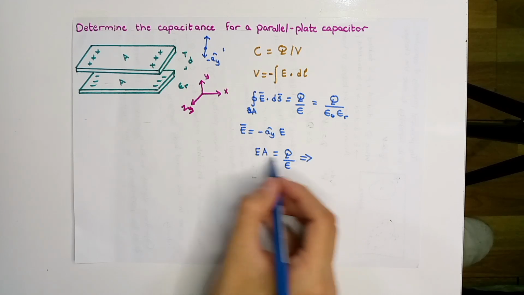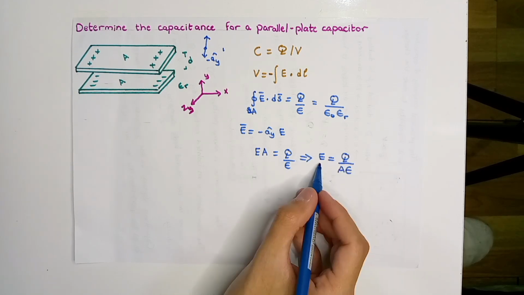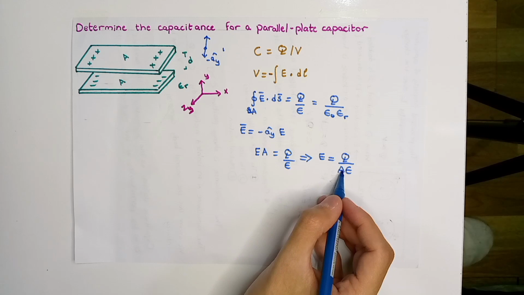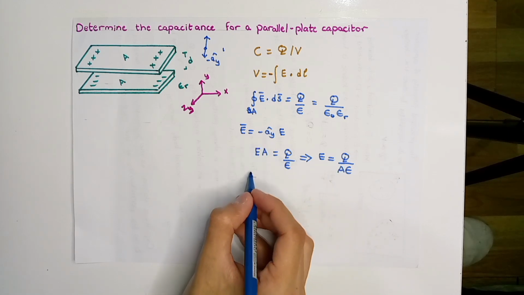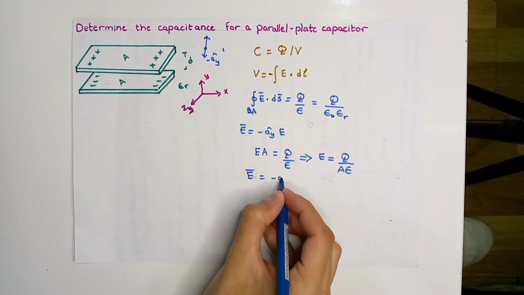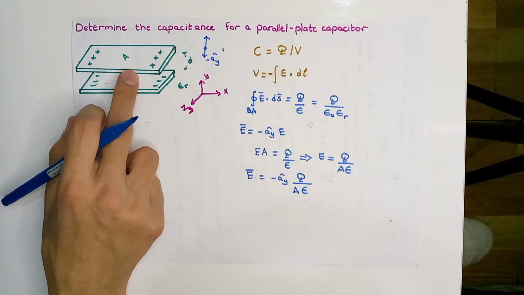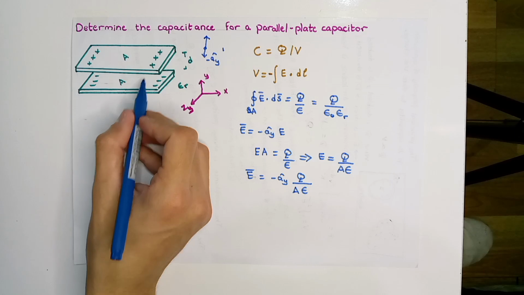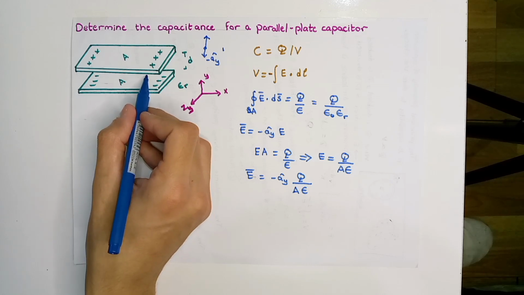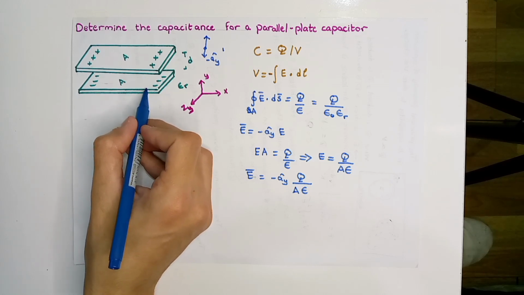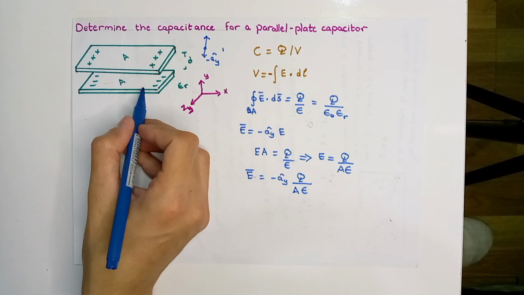By dividing both sides by A and plugging the right-hand side of this equation into this equation, we end up with the electric field in the area between these two plates. It originates at this plate and is sucked in by the plate at the bottom.